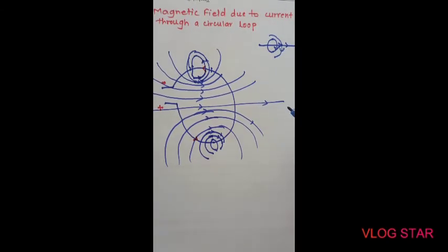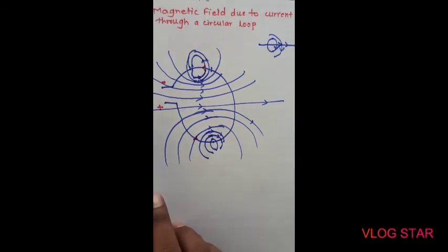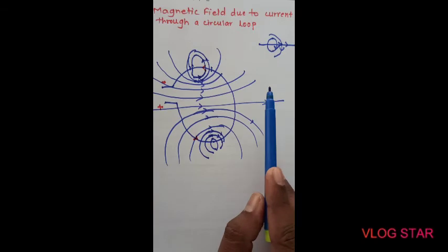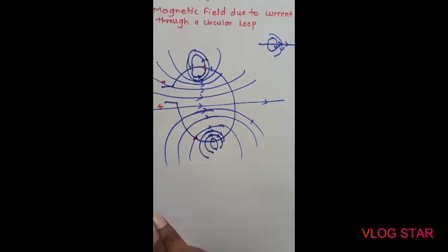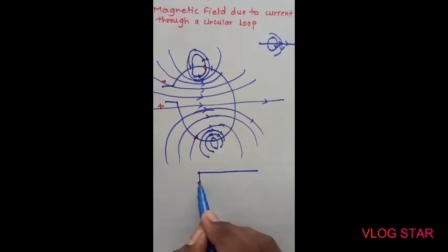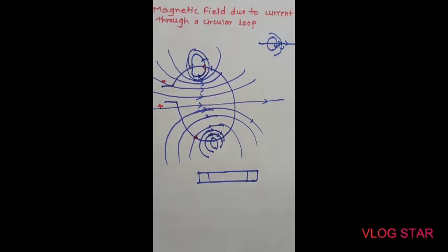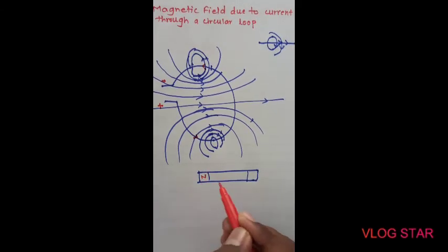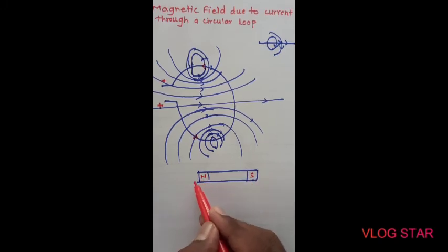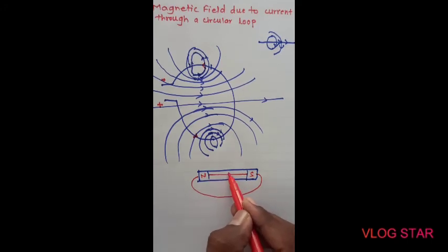Means if you consider a ring, from one end it works as a south pole and the other end works as a north pole. As we have discussed for a straight bar magnet, if the magnet is like this, north and south, the direction outside the magnet is from north to south, but inside it is south to north.